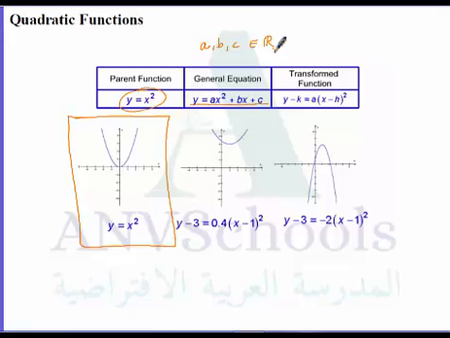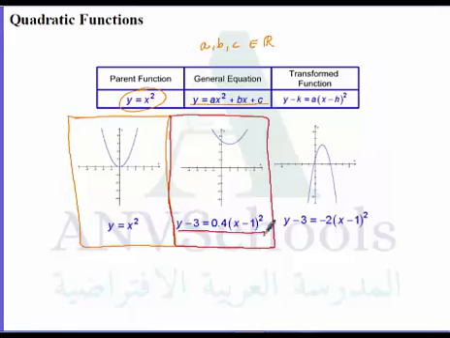Depending on the vertex or on the translations of your quadratic function, you would get a graph that is similar to what is below the general equation form. The example here is y minus 3 is equal to 0.4 times (x minus 1) squared.